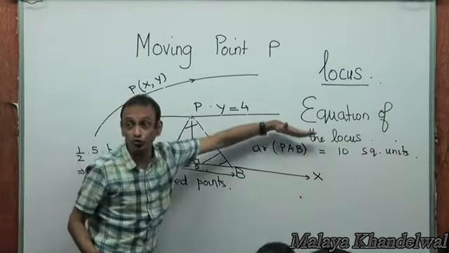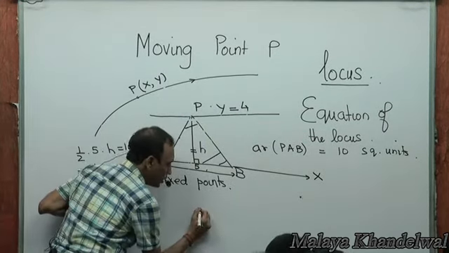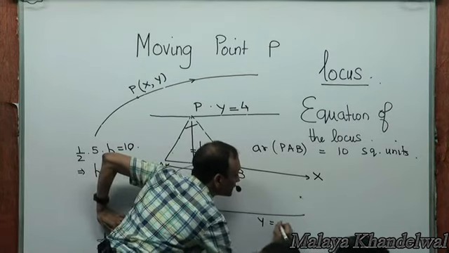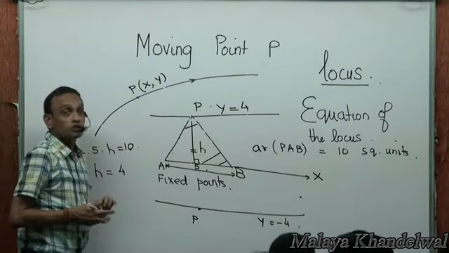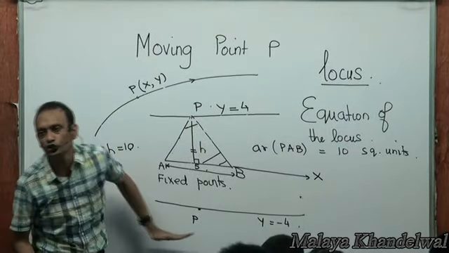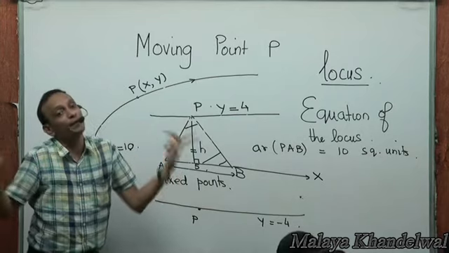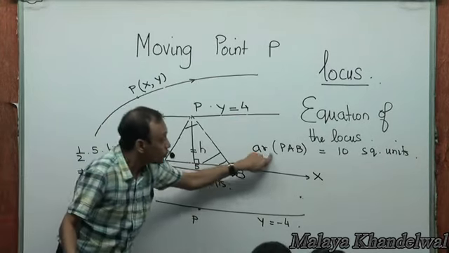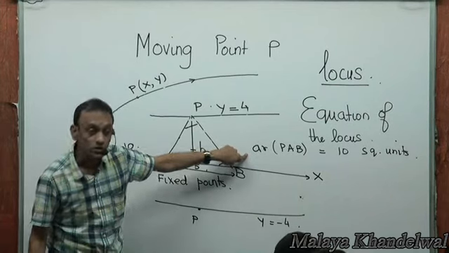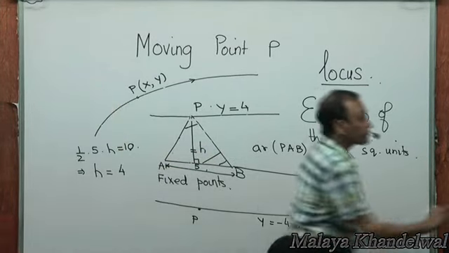No, there is another possibility. P could have been on this side and then y would have been minus 4. So the locus of P would have been either y equal to 4 or y equal to minus 4, which would describe algebraically the locus of the moving point P, which always is commensurate with this condition. Yes or no? Right? That's the locus of this moving point. Clear?